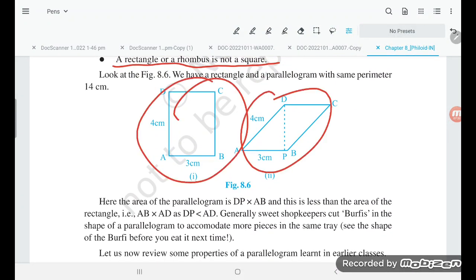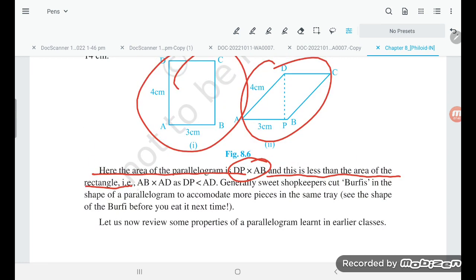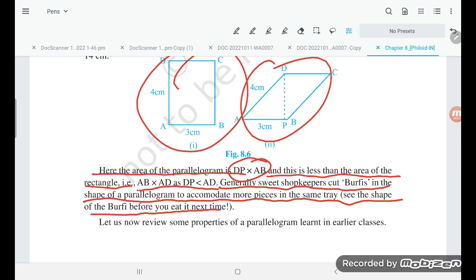You can see here, area of the parallelogram is DP into AB, and this is less than the area of the rectangle AB. Generally, sweet shopkeepers cut burfi in the shape of a parallelogram to accommodate more pieces. See the shape of the burfi before you eat next time.